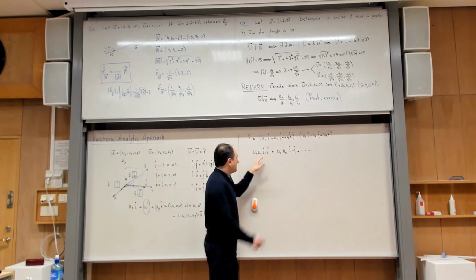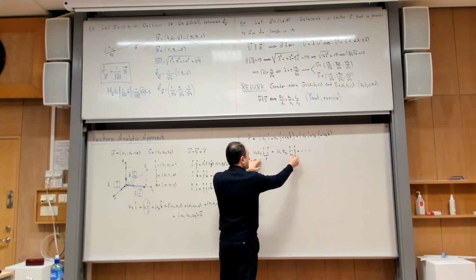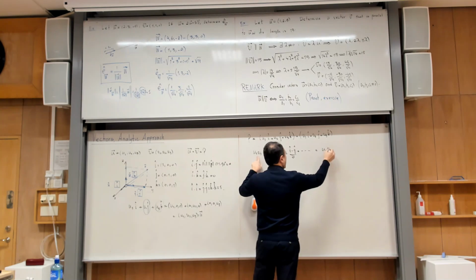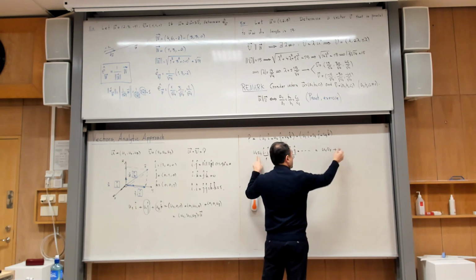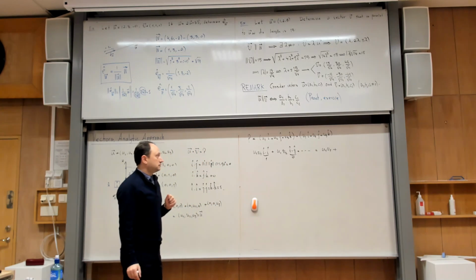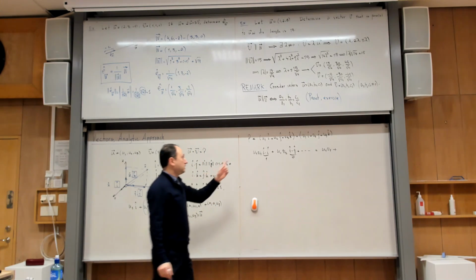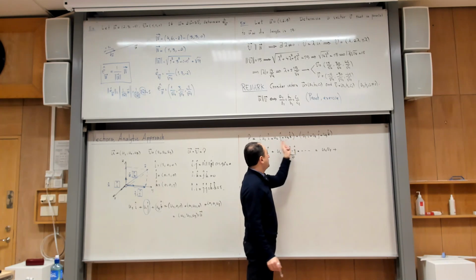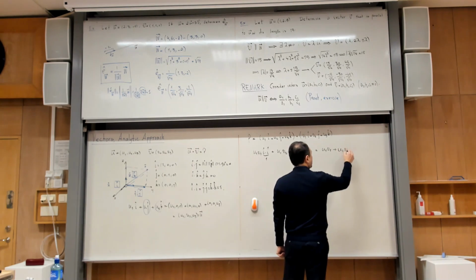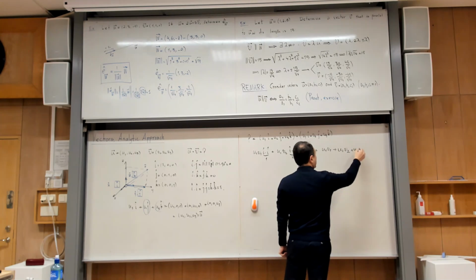So this becomes 1, this becomes 0. So if I continue this, I will get u1 v1, plus the next one is u2 v2, agree? Because j dot j becomes 1, and it becomes u2 v2, and then u3 v3.